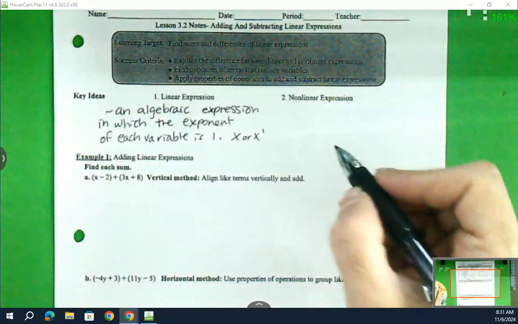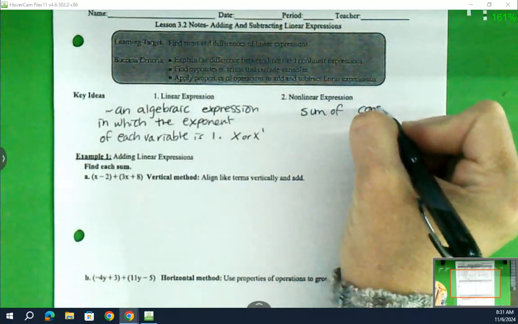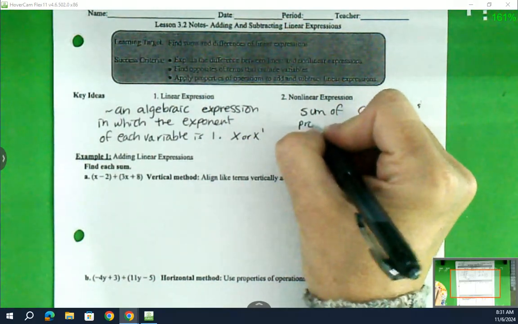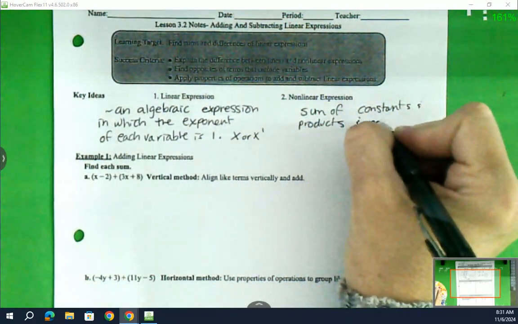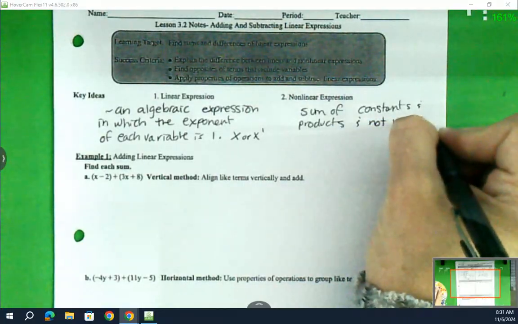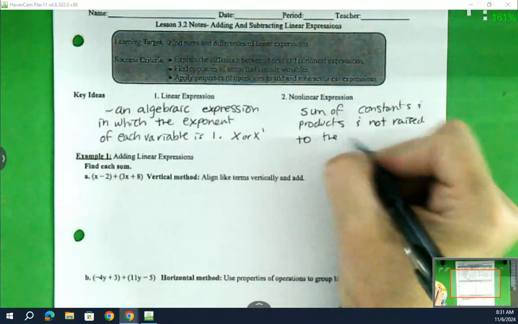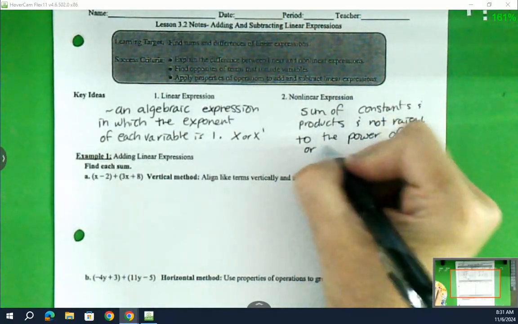Nonlinear expressions are sums of constants and products and not raised to the power of 0 or 1.